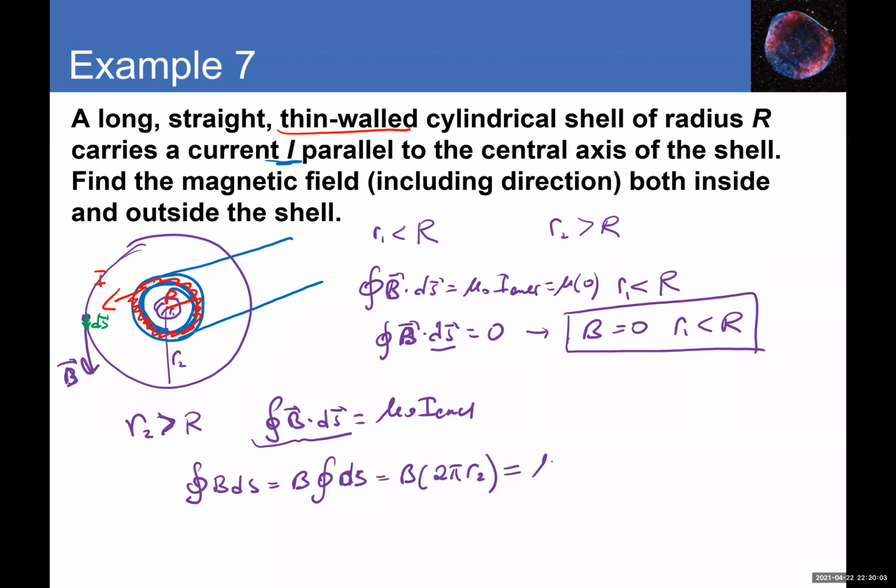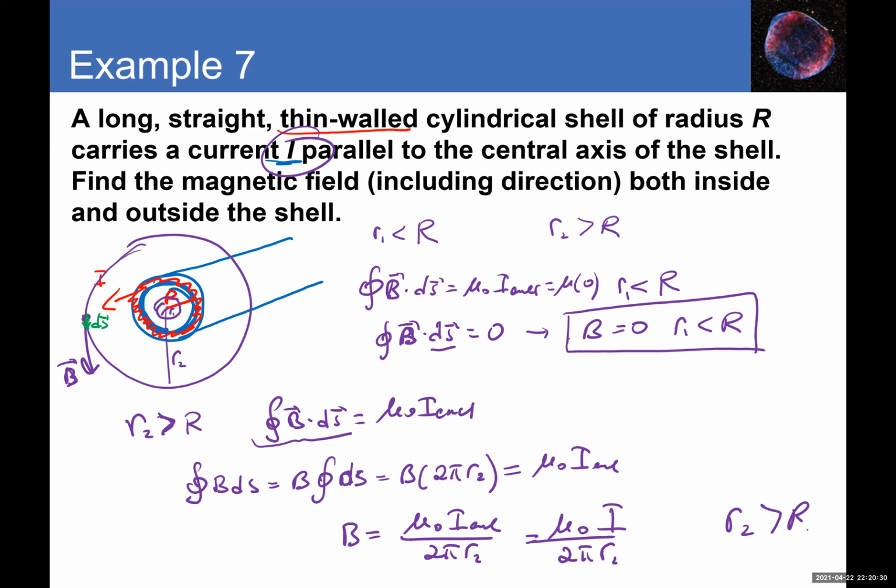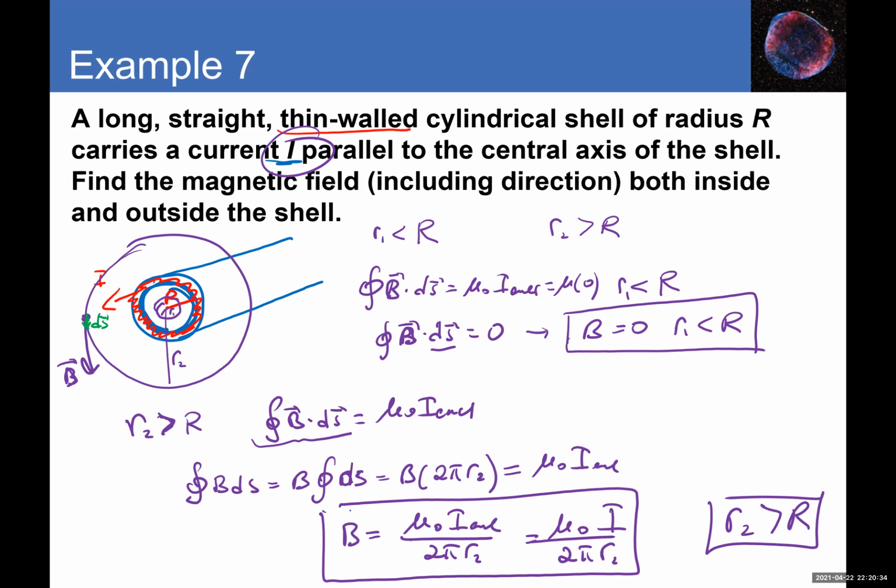This equals mu naught times I enclosed, which means my magnetic field equals mu naught I enclosed divided by 2 pi R2. The I enclosed is just the total current I, so B equals mu naught I divided by 2 pi R2, and R2 is any distance as long as it's greater than the radius. I can use that to find the magnetic field outside of the shell.